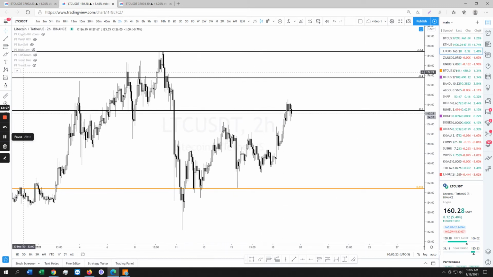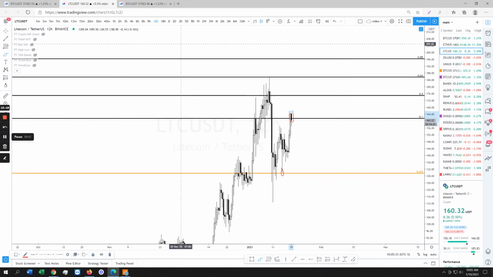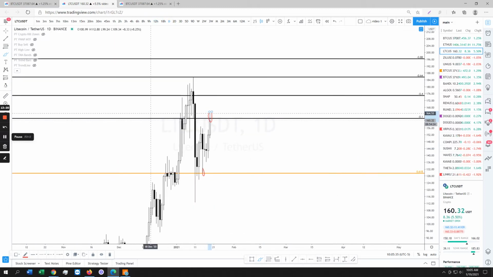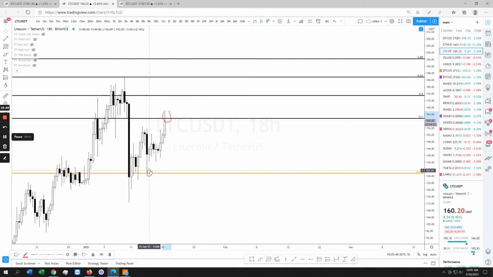There you go. This hit the 0.6, and then it went and it targeted the 0.11 up here, right? Litecoin is, to me, very, very bullish.